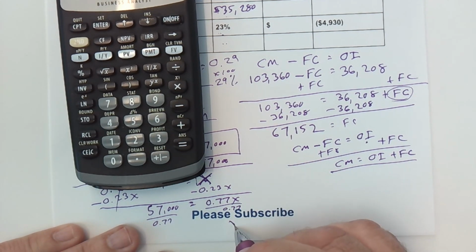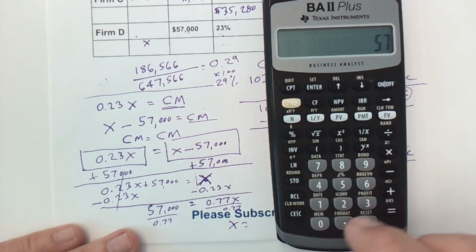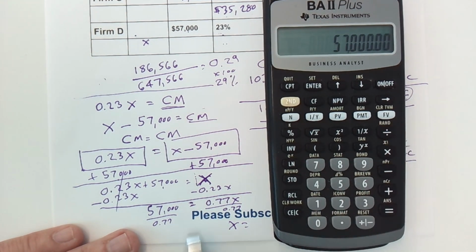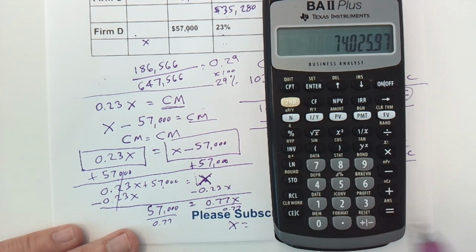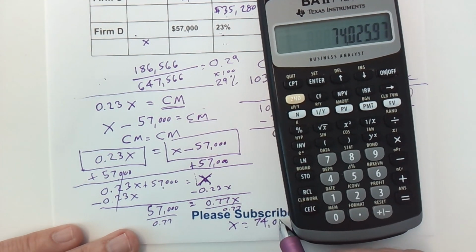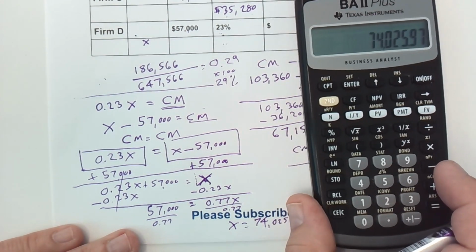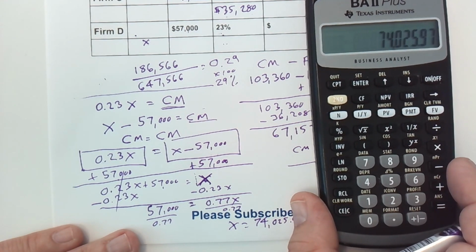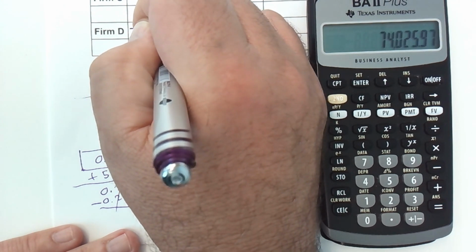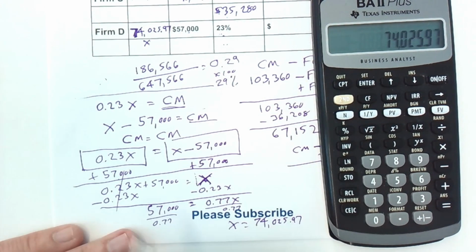So my x is going to wind up equaling 57,000 divided by 0.77, and that gives me 74,025.97. That is our sales. So our sales is 74,025.97. That is the amount of sales.